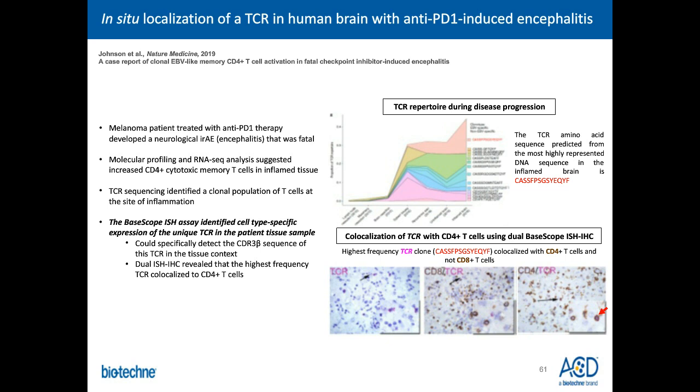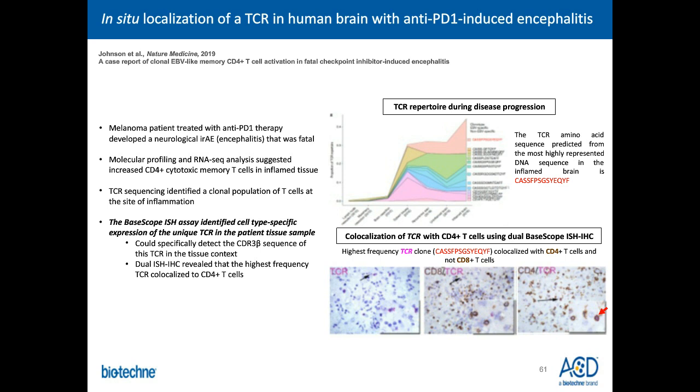And what they found was that this particular TCR was co-localized with CD4 cells and not with CD8 cells, highlighting that this population that was responsible for inducing encephalitis was a CD4 positive T cell population, which they later went on to identify as a memory CD4 positive T cell population.